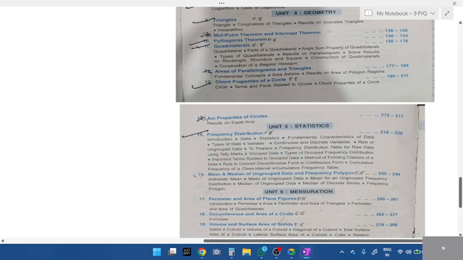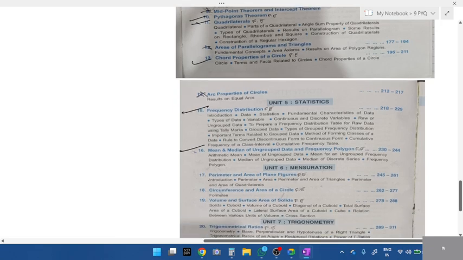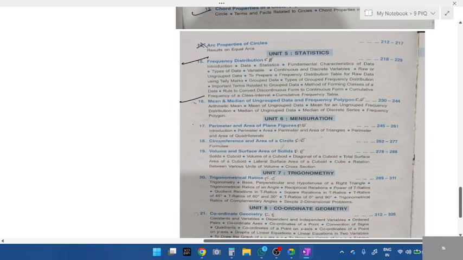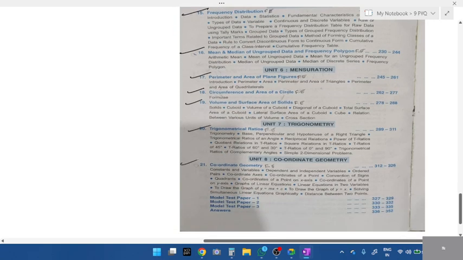Frequency 15 and 16 both. 15, 16. What else? 17, 20, 21. Fine. In this, what we have completed and I've given for test, students. 21 we did recently, right? 21 was done. 22 is next.